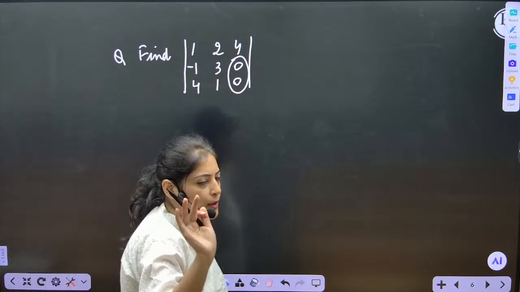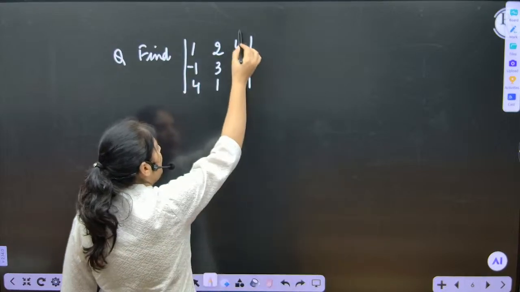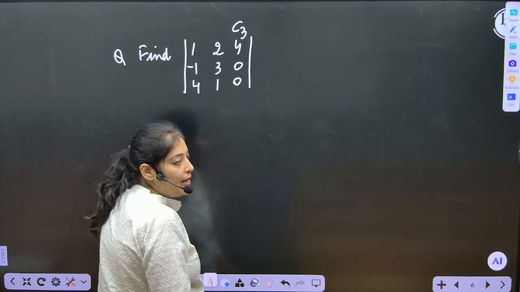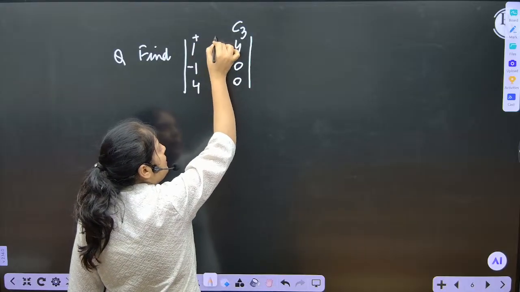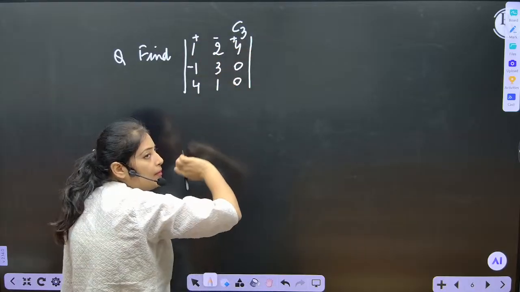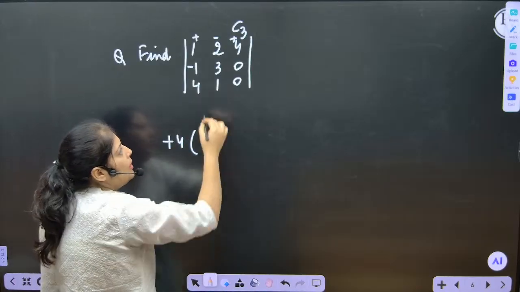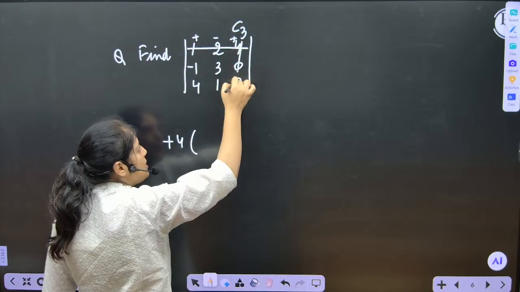expand through that only. Now what does it mean? Column 3 is having 2 zeros, expand through that. Now how? This is plus sign, this is minus sign, this is plus sign. So plus 4 as it is. Plus 4 lies in this row, this column.